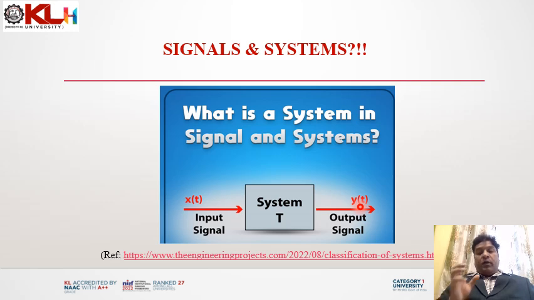So there is an input signal x of t, there is the output signal y of t, and in between the system is represented as tau. It is performing some operations on this input signal x of t and generating the output y of t.